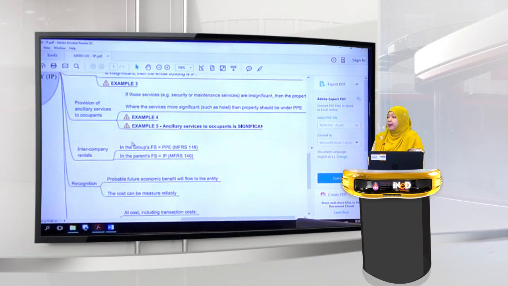However, in the parent's financial statements, that particular property will be classified as investment property, falls under MFRS 140. Why? Because the parent has a building that is rented out, and the intention is to rent out, and that is rented out to the subsidiary, and that's why that particular building is known as investment property. Okay.